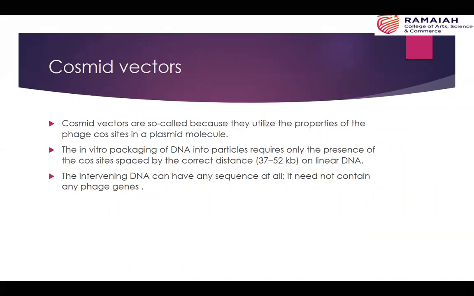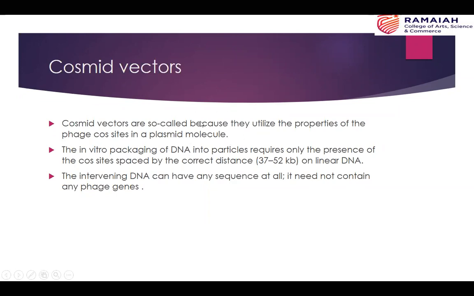Why are these called cosmid vectors? These are called cosmid vectors because they utilize the properties of the phage cos sites. I hope you all remember when we discussed lambda replacement vectors, the cos sites are present at the ends of the phage lambda DNA. So these cosmid vectors utilize the properties of these phage cos sites in a plasmid molecule.